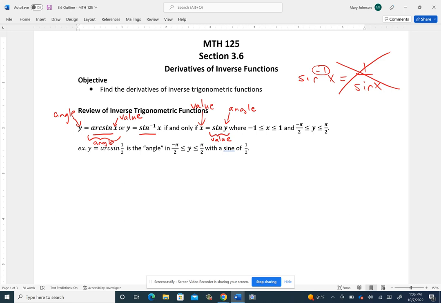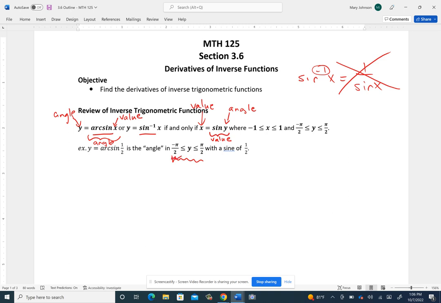But then one of the tricky parts of this is sine, cosine, tangent, all of the trig functions are periodic. They're not one-to-one. So if you tried to do the inverse of them, the inverse would not be a function unless you restrict the domain of the sine function, cosine or tangent functions, so that it would be one-to-one.